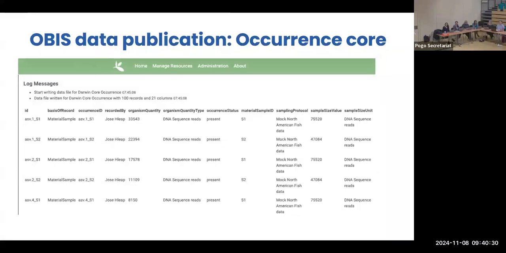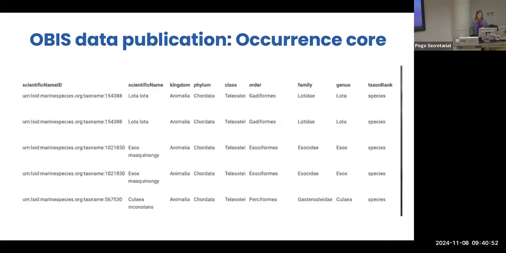So for OBIS data publication, we have an IPT, which is the Integrated Publishing Toolkit, the same that GBIF uses. So that means that you upload your data sets there. Usually you use your node's IPT, you upload your data sets. And through this system, you map your field names to make sure that they're correct and add your metadata.